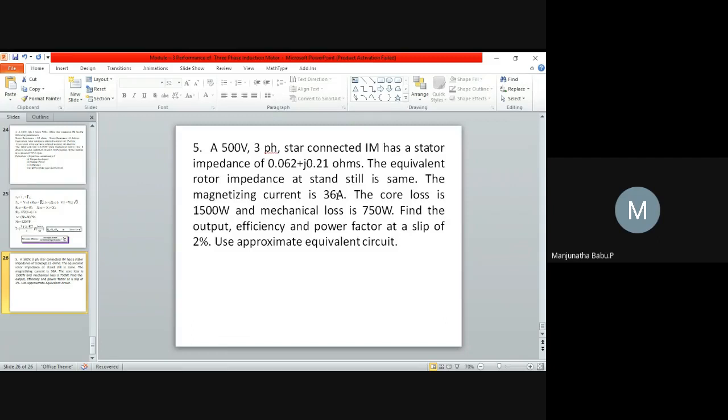No load current he has not given directly, so you have to find the no load current. No load current I naught will be equal to IM plus the IC value. To find IC, the core loss is given. So core loss per phase will be equal to 500, which will be equal to IC square into R naught.